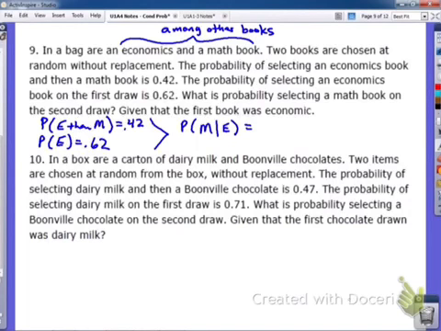So the probability of selecting a math book, given that you select an economics book, would be the probability of selecting economics then math, which is 0.42, divided by economics, which is 0.62. And what's that decimal come out to be, Sadie? 0.68. Does everybody agree? Yep.